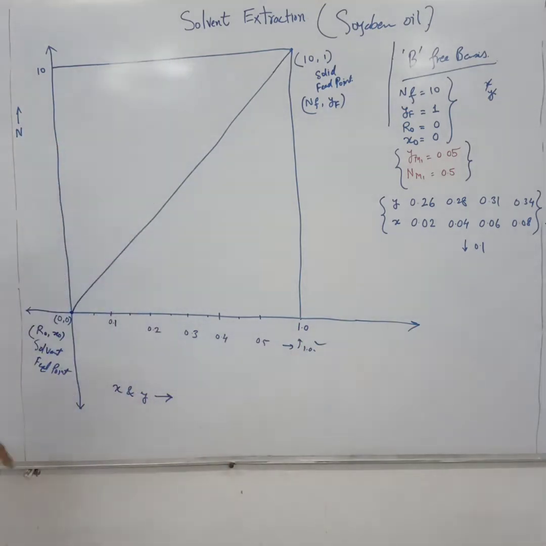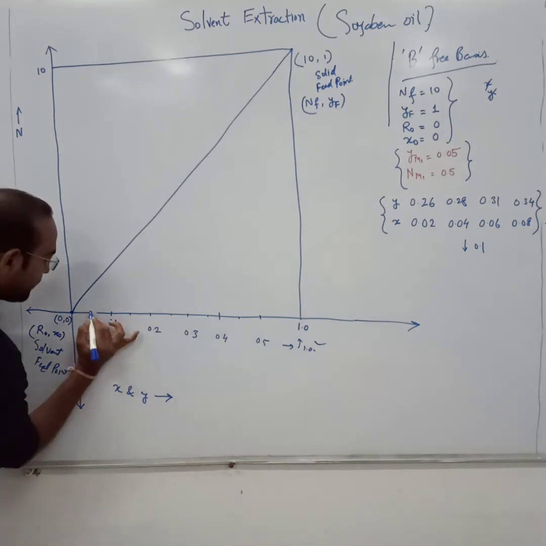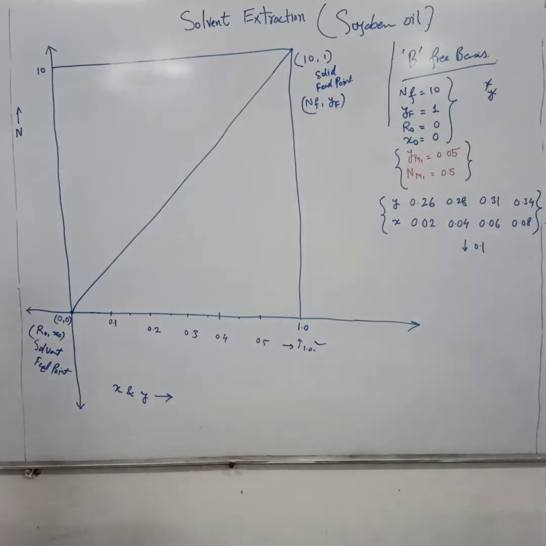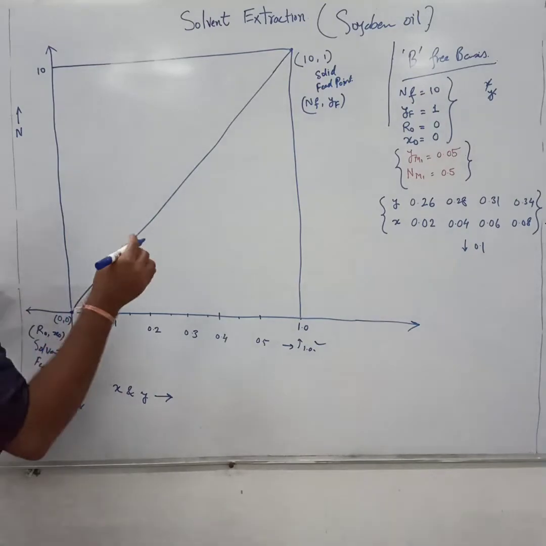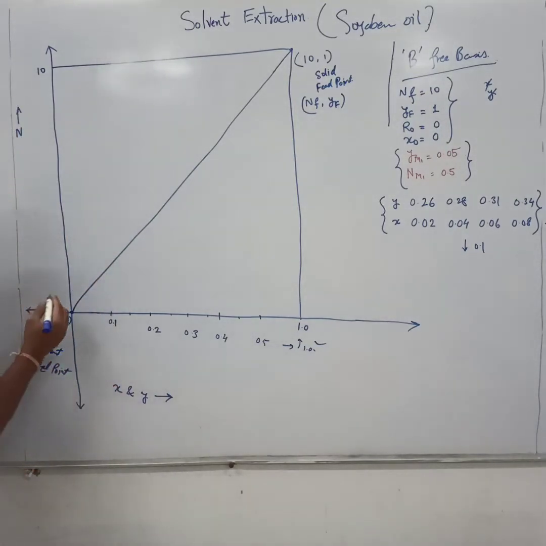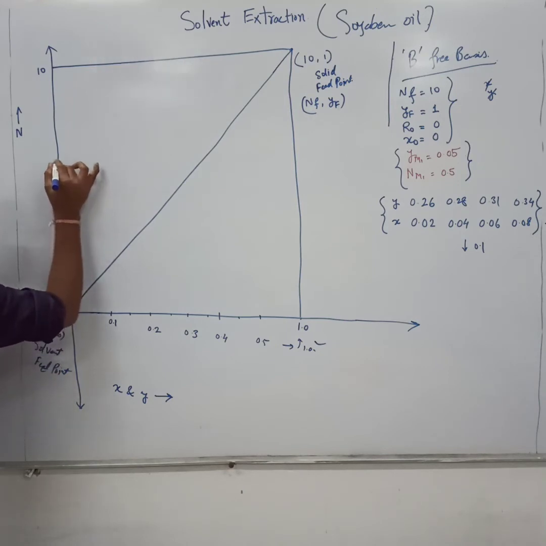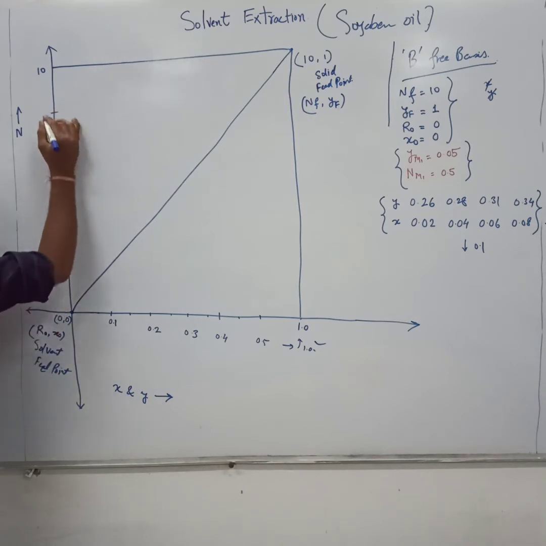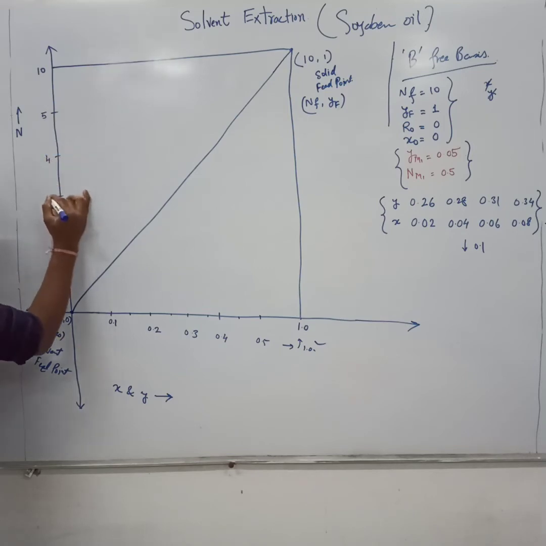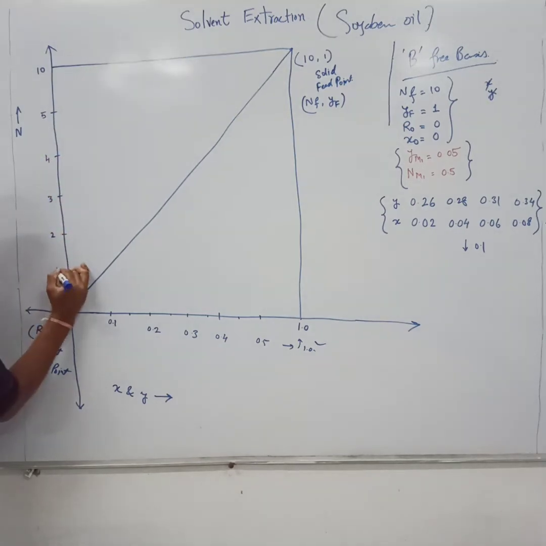So the selection of scale plays a very important role to plot all the points here. Now the vertical scale is not that important because only one thing is there, that is capital N. So I directly show 1, 2, 3, 4, 5 somewhere.